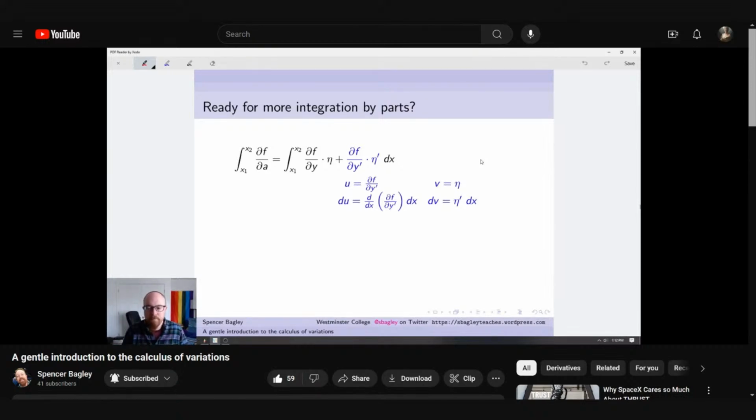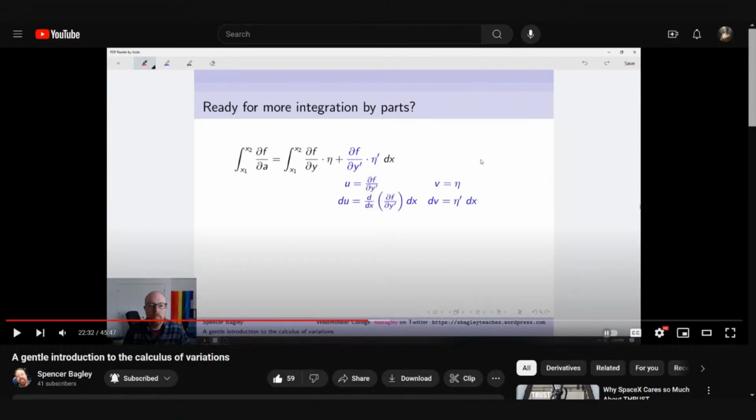which is weird. The partial f partial y prime with derivative du with respect to x. Okay.